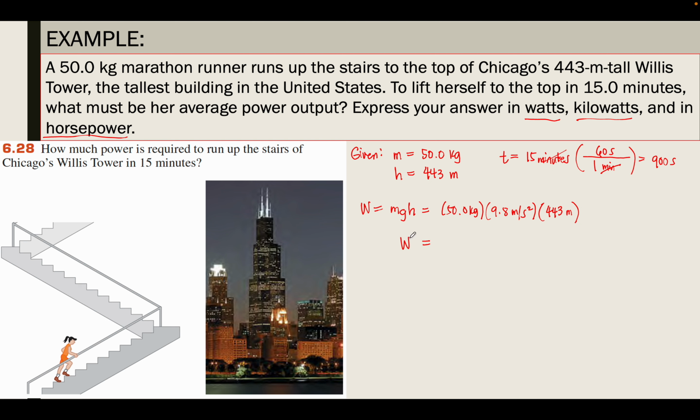Calculating this, 50 times 9.8 times 443, we end up with 2.17 times 10 to the power of 5. Again, for work and any energy, we have joules as our unit. So the work done is 2.17 times 10 to the power of 5 joules.